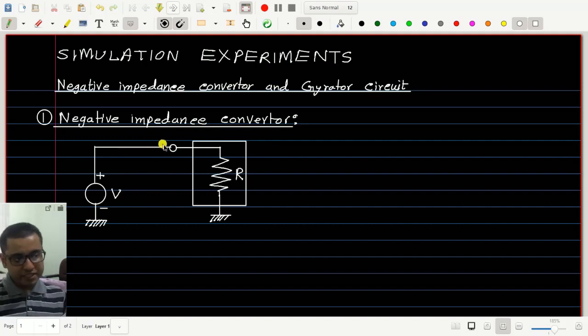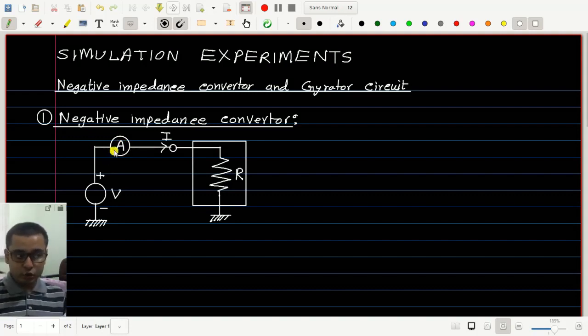Then we will measure the current I flowing into this black box circuit, and for that we can use an ammeter in series.